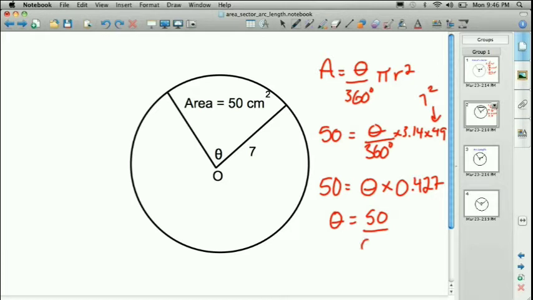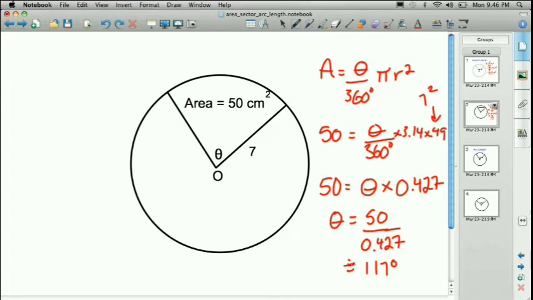To make the calculation easier, we can also put here 22 by 7 in place of pi. When we put 22 by 7 in that way, 7 will cancel out and our calculation will become easier. So what is theta coming? Theta is coming 117 degree.